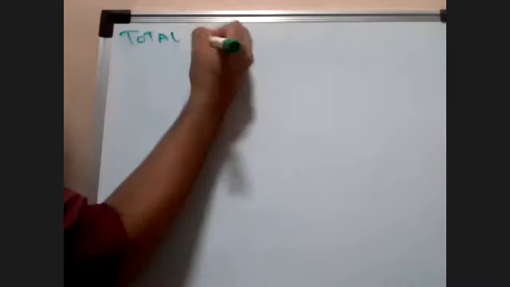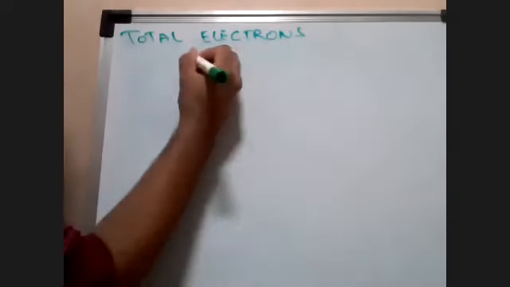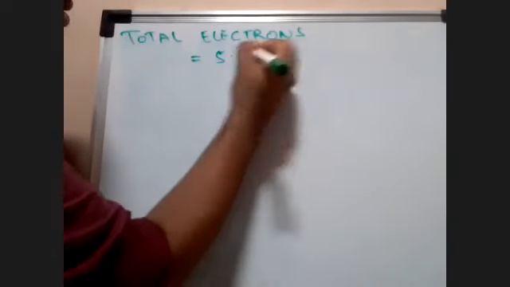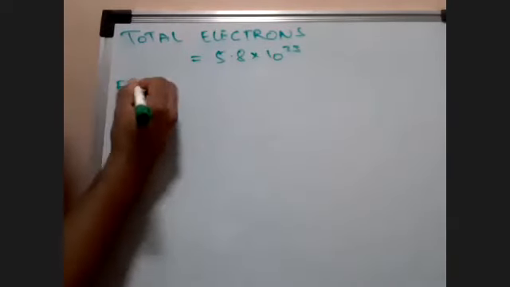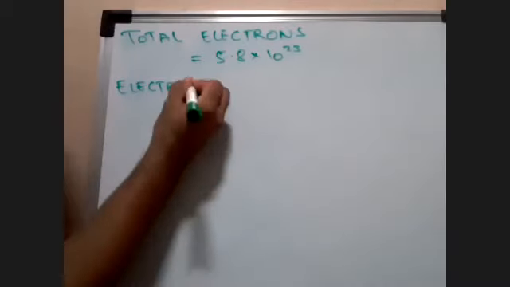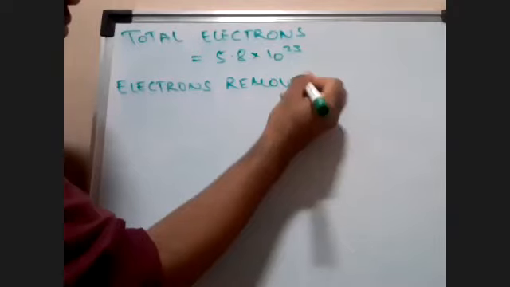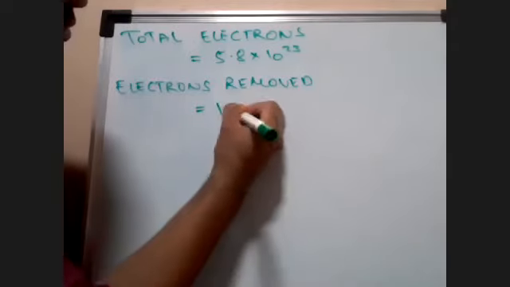Total electrons equal 5.8 into 10 raised to 23, and electrons removed equal 1.25 into 10 raised to 13.